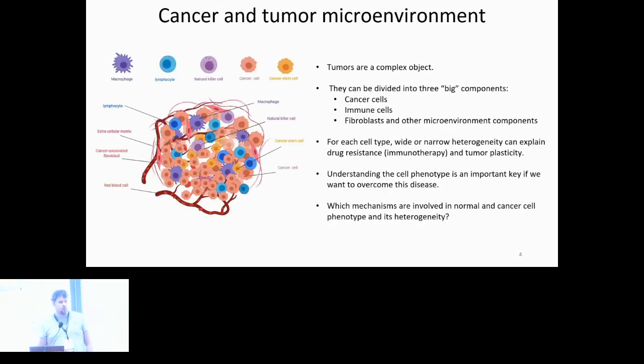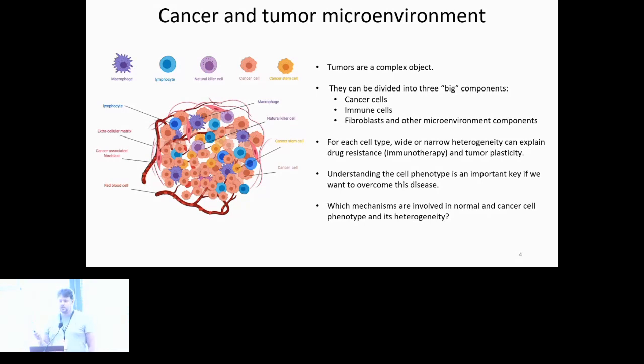So now I will talk about cancer, because I would like to study the 3D chromatin structure in cancer. Cancer is a complex object. You have several cells: cancer cells, immune cells, which can recognize the cancer cells and kill them, and fibroblasts, or microenvironment cells.